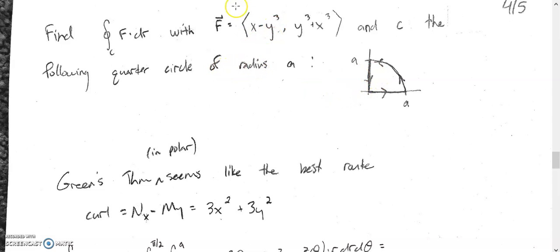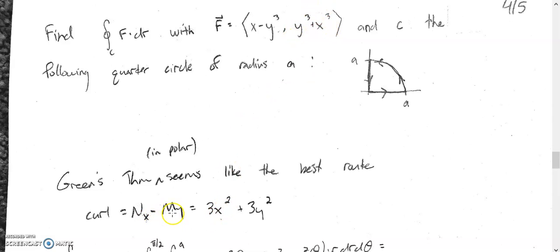So I've got 3x squared plus 3y squared as my curl. The n sub x is the derivative of this with respect to x. This goes away. This is my 3x squared.